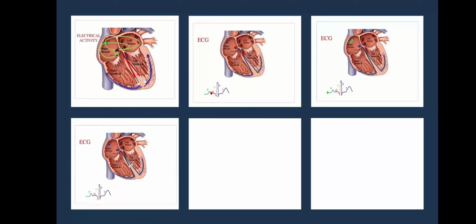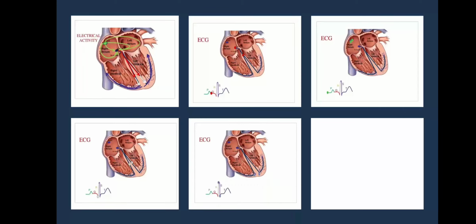Next comes the impulse as it continues to travel down the septum through the right and left bundles, and it causes a contraction of the ventricles. It's that even, nice contraction. And then the final stop here is when it gets down to the apex of the heart and we see the impulse traveling through the Purkinje fibers.